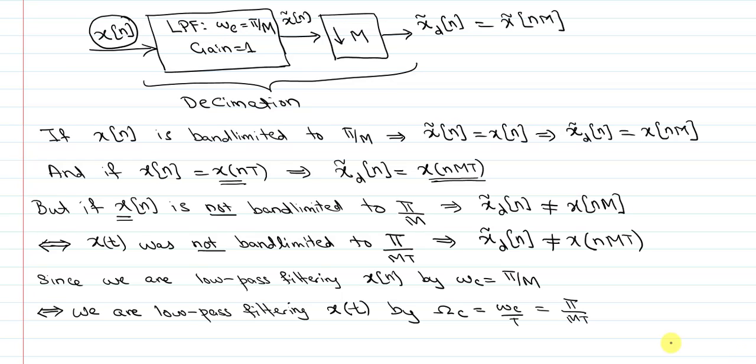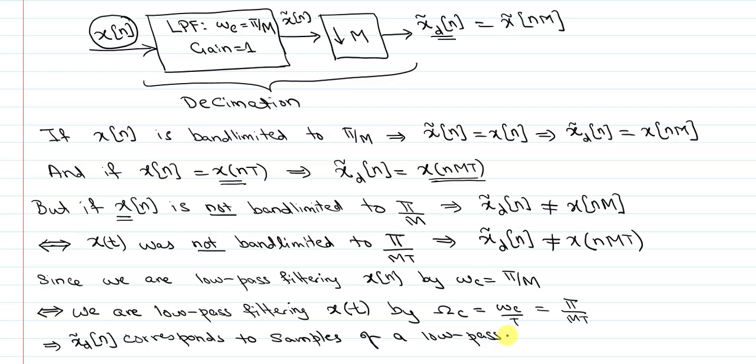And so this means that x tilde d of n, your downsampled version, corresponds to samples of a low pass filtered version of x of t.